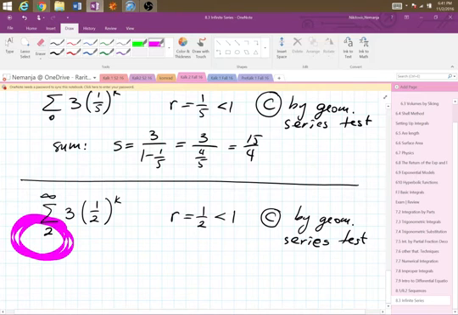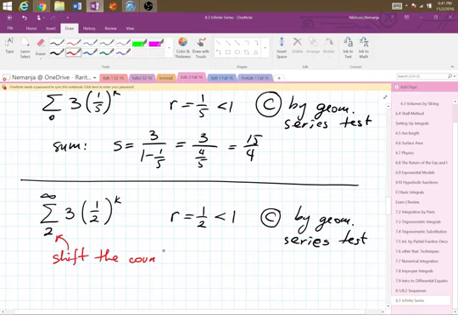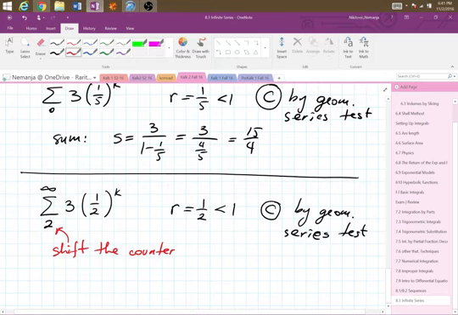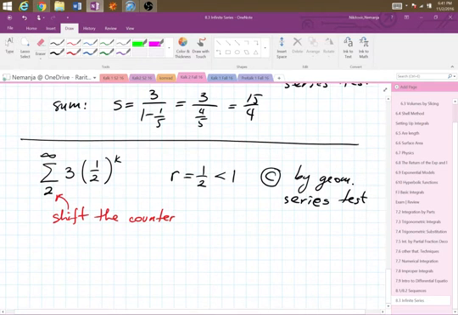Do we all see it? So, you have to memorize that the original test for which all the formulas work starts at 0. This particular problem starts at 2. Therefore, we will have to shift the counter. And you shift the counter to 0. All right, here is the procedure.